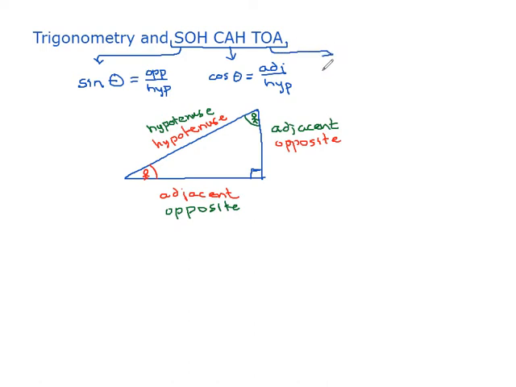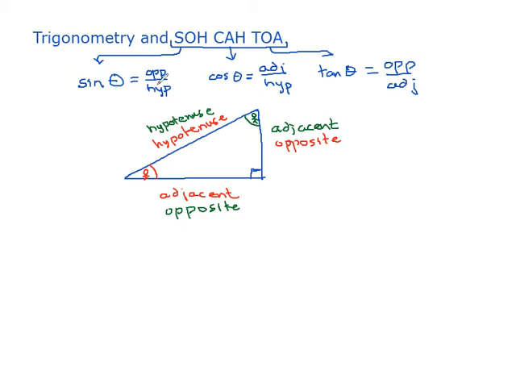And TOA tells us that the tangent of an angle, tan theta, is O over A, opposite over adjacent. So for any pair of sides that you want to work with, there's one trig function that can help you, one that uses the two sides that you are interested in.